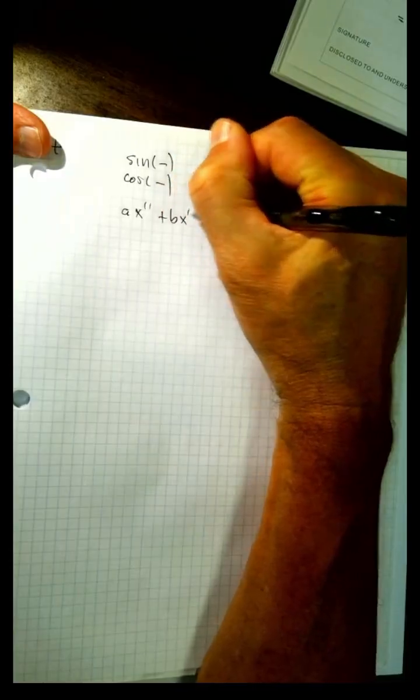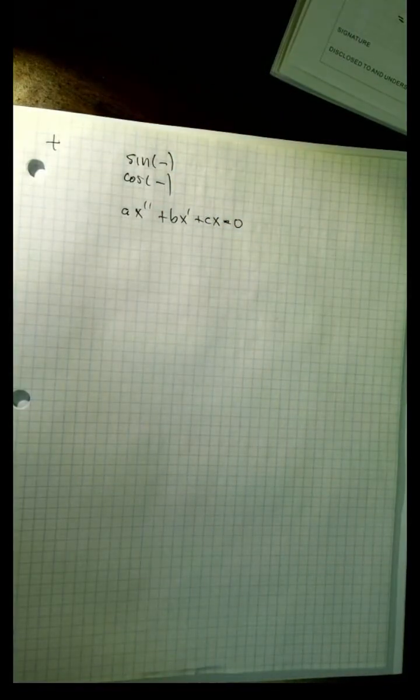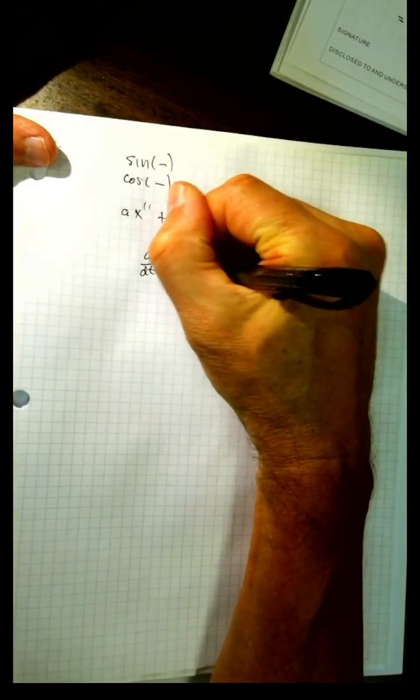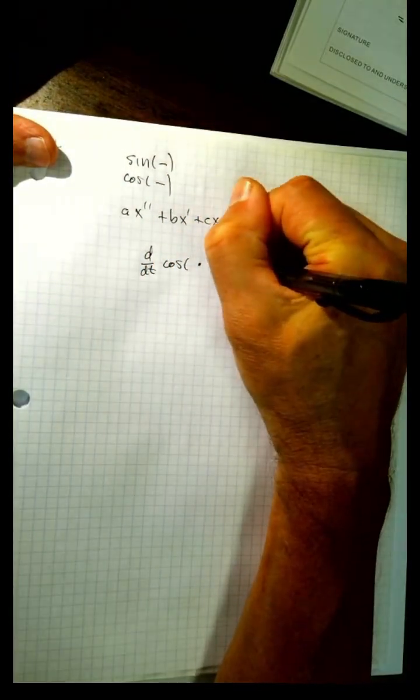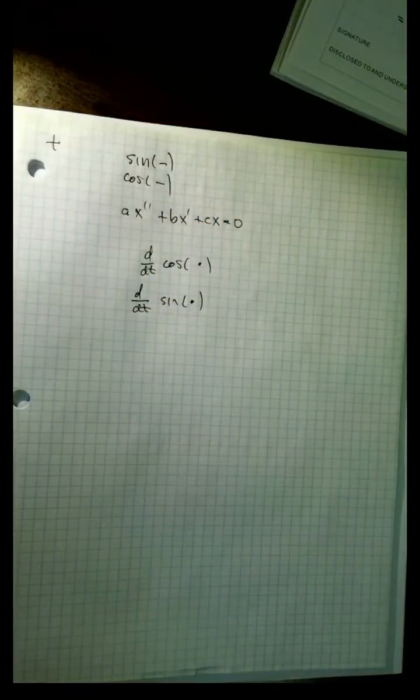The reason we want to do this is that we're working with these constant coefficient linear homogeneous equations, and we're looking for functions that when we take derivatives, we get something similar. And we should expect to see sine and cosine functions.